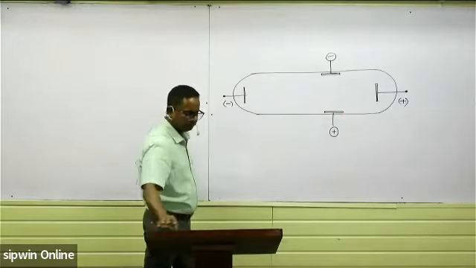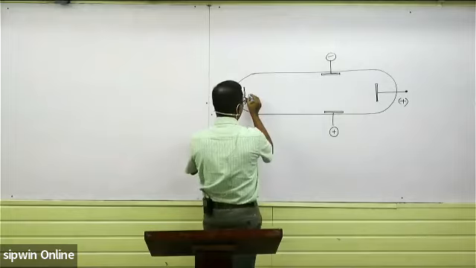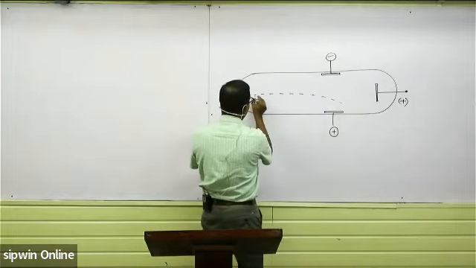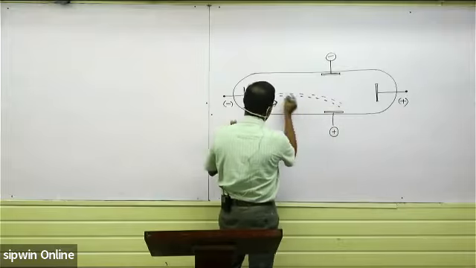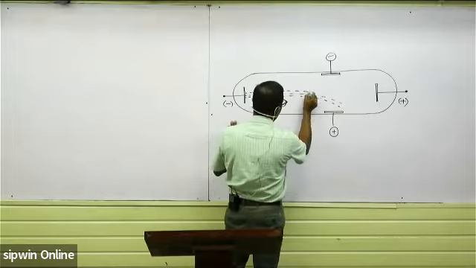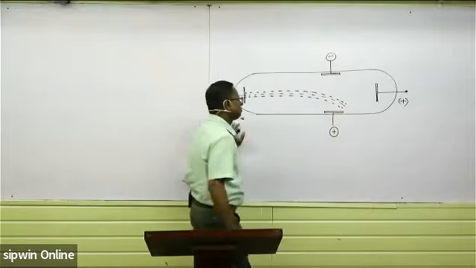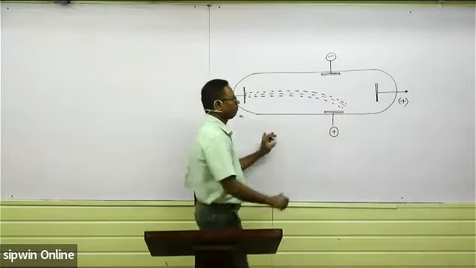We'll draw this one. Now you draw it this way. They change their path, right? Attract towards the positive plate. Okay?